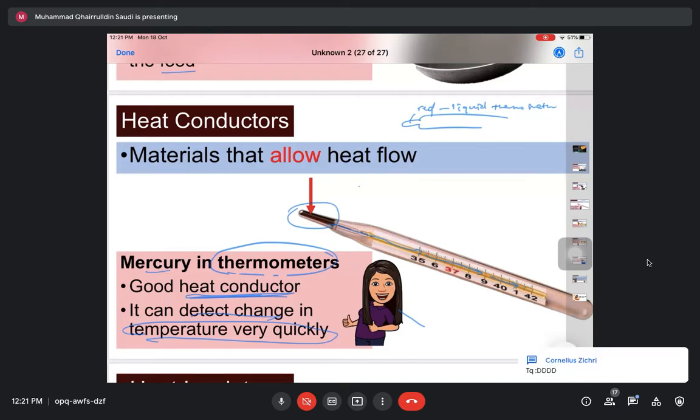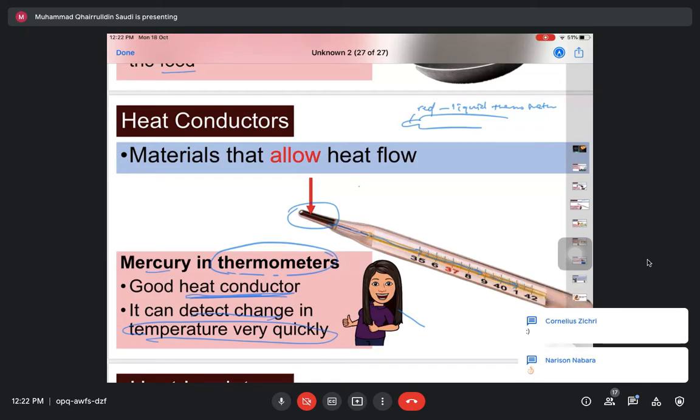How about others? Paku, maybe. Okay, paku is an example of heat conductors as well. Good, yes. But we don't use paku as kita tak guna paku sebagai benda untuk mengalirkan haba.